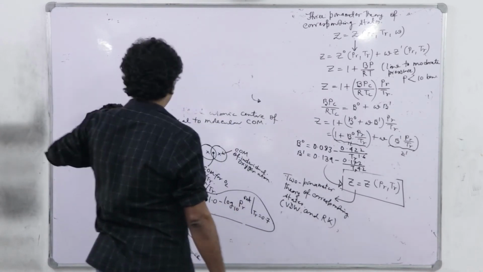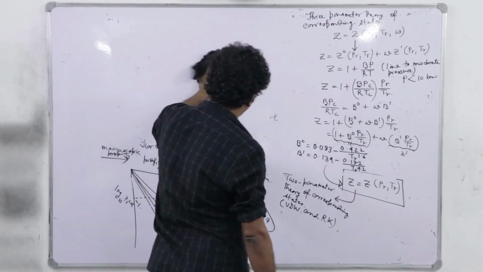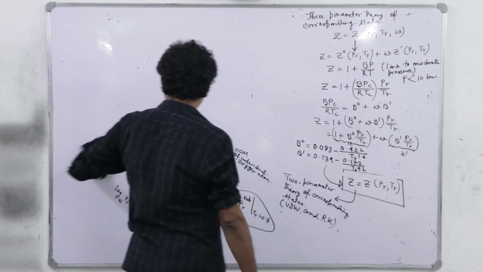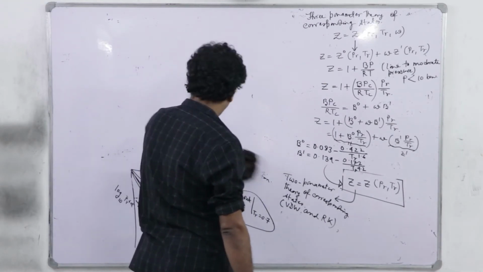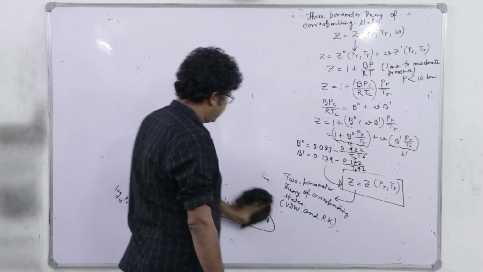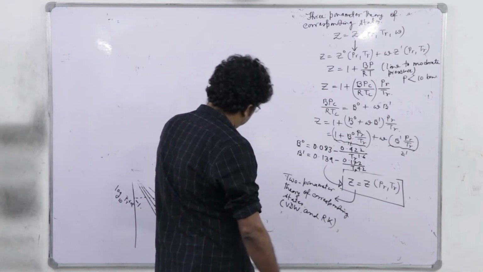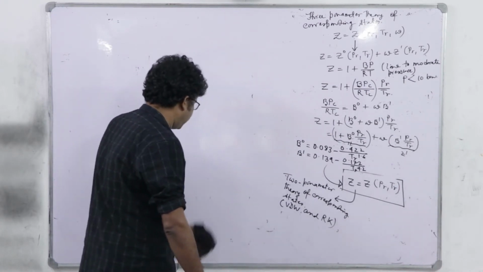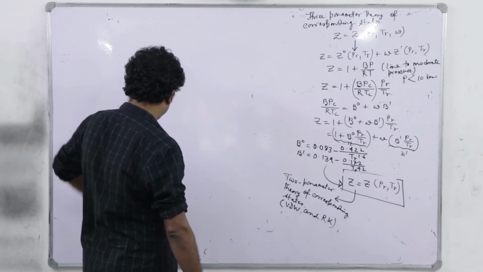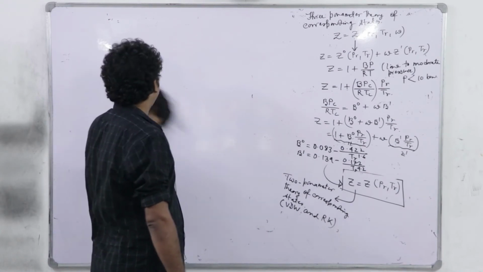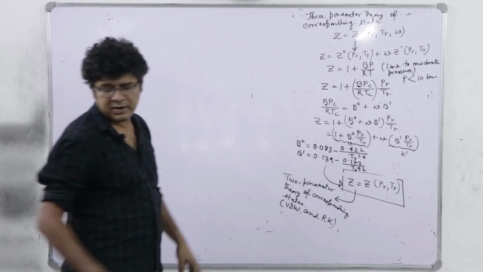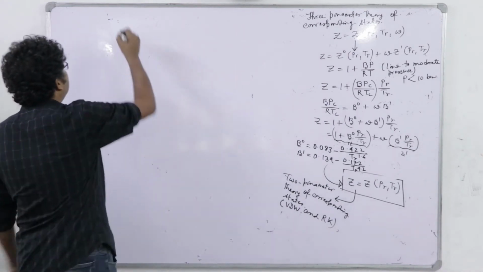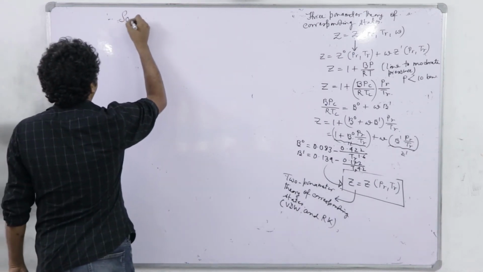The Redlich-Kwong equation was a bit advanced relative to the van der Waals equation, so it was modified by Soave upon inclusion of this acentric factor, and that's why it is popularly called the Soave-Redlich-Kwong or SRK equation of state.